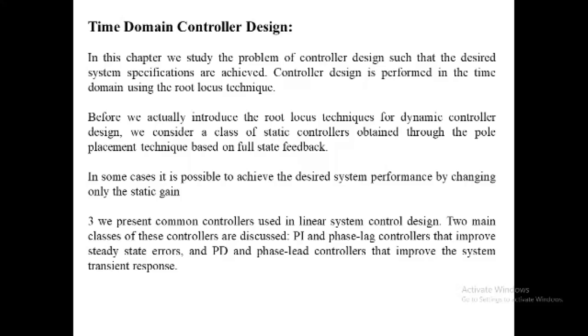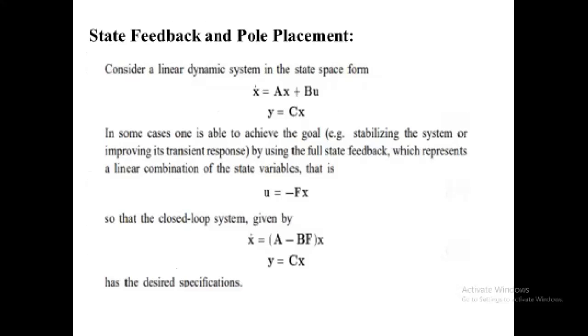Now we are moving towards state feedback and the pole placement technique. Let us consider a linear dynamic system in the state space form, that is x dot equals Ax plus Bu, where A and B are constant matrices, and y equals Cx.